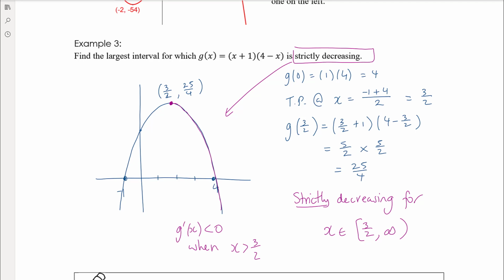Obviously strictly increasing from -infinity to 3 on 2, including 3 on 2. So 3 on 2 would be included in both the range of values for which the function is strictly increasing and the range of values for which the function is strictly decreasing. So essentially think about strictly decreasing, where is the gradient negative, and then you can include the endpoint in the range of values for which the function will be strictly decreasing.